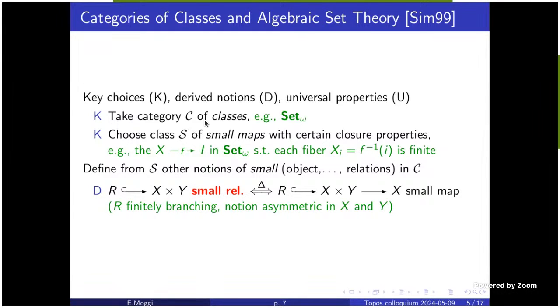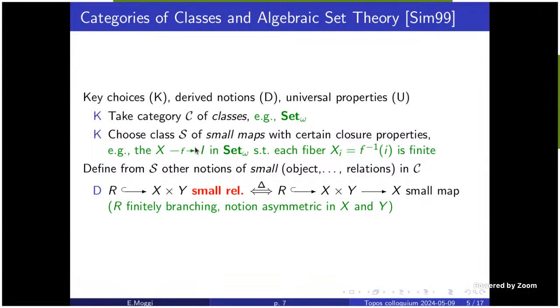So the idea is that you start with a category with certain properties. In our case, it would be the category of countable sets, and the objects in this category correspond to classes, and so we need a notion of small, which allows us to define what it means for a class to be a set. However, we are interested in small maps, which are families of sets indexed by a class.